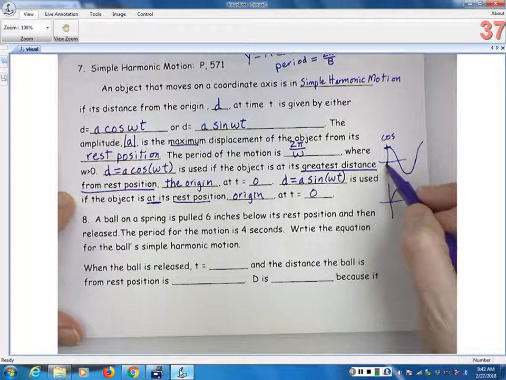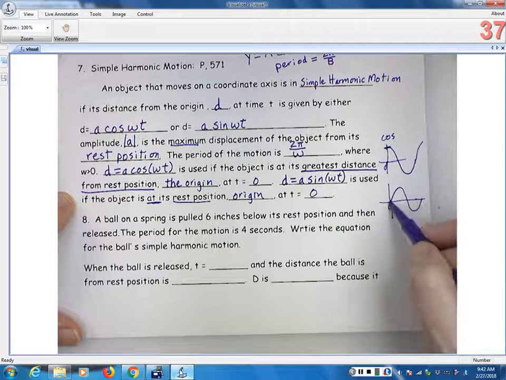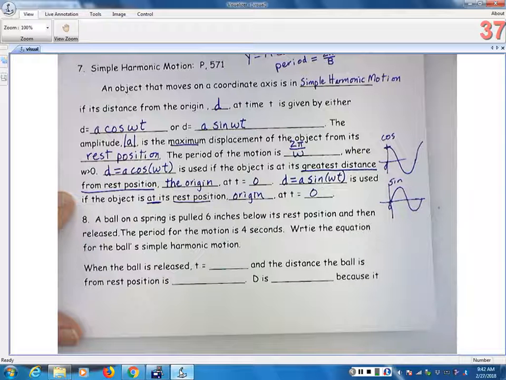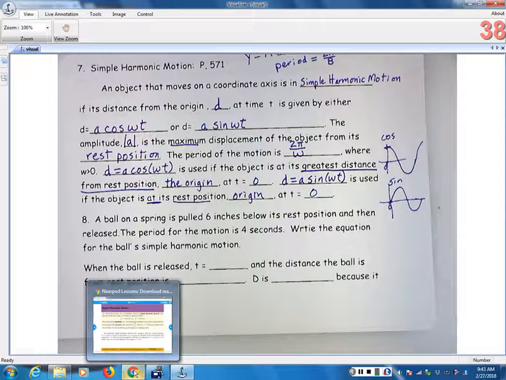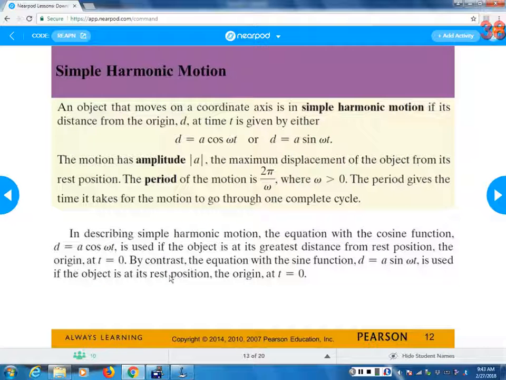Sine looks like this, so it will be 0 at the origin. That's why we use sine and when we use cosine, and that's exactly what the slide says.